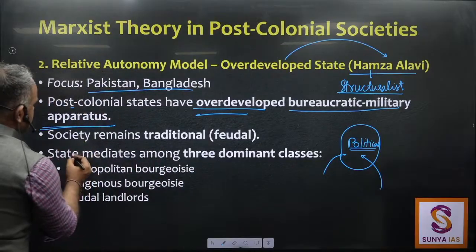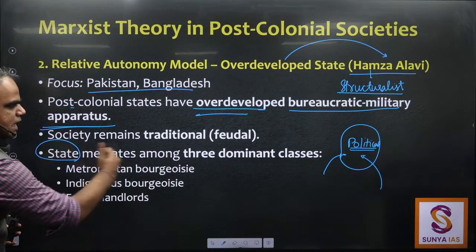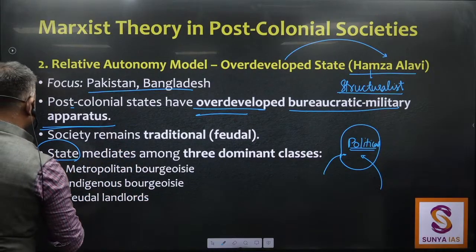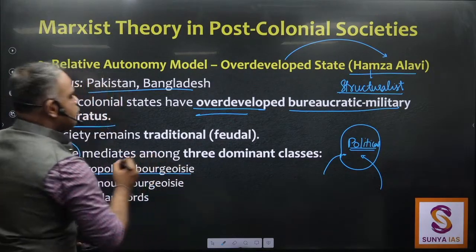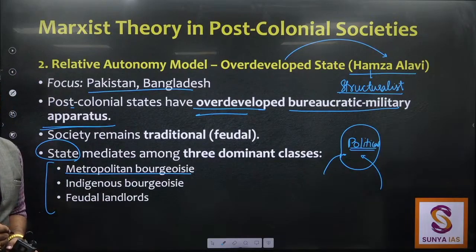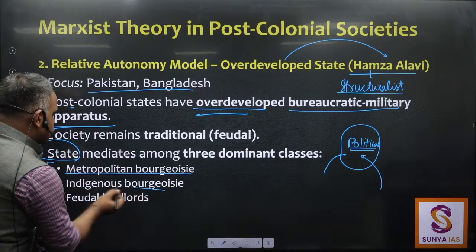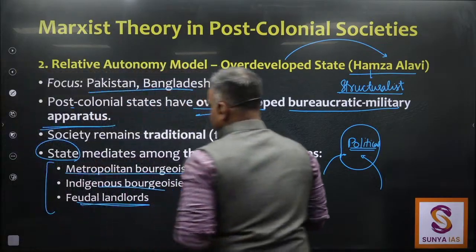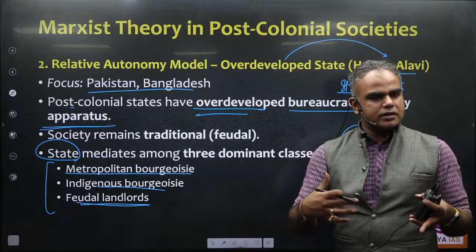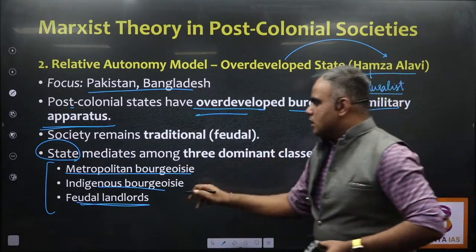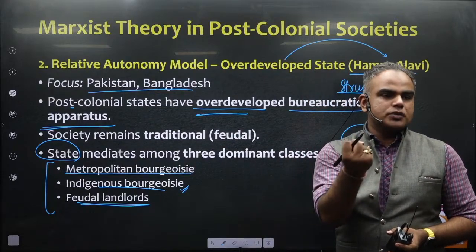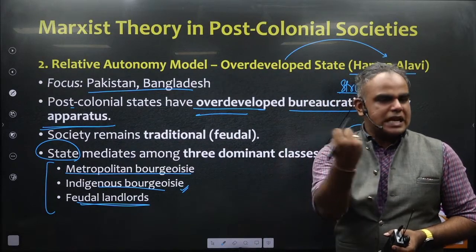Now the state is all very powerful and the state is mediating amongst different dominant classes like metropolitan bourgeois, indigenous bourgeois and feudal landlords. क्योंकि यहाँ पे अभी भी there are some feudal landlords that are there, the state is mediating. Indigenous bourgeois, the people in your locality, some of them who have gotten very rich, those are the peripheral elites, let's say.